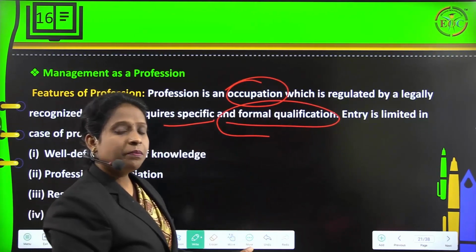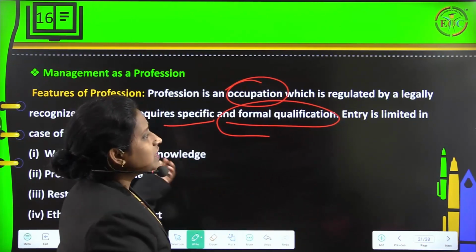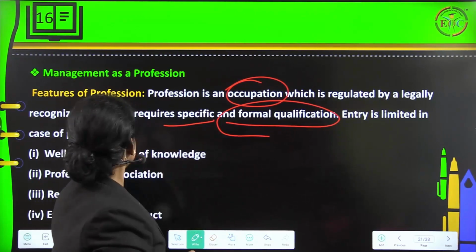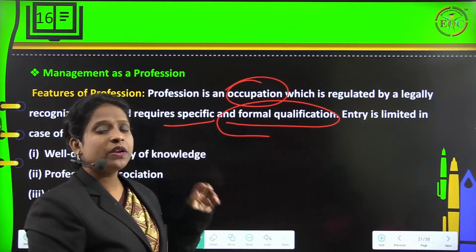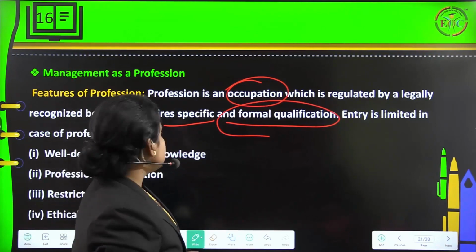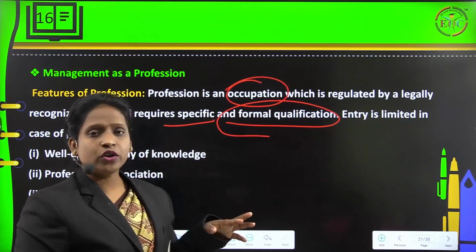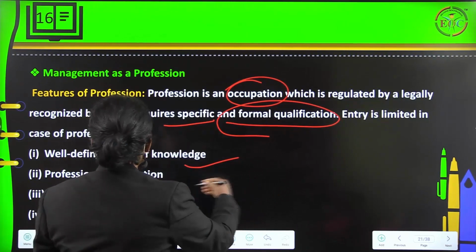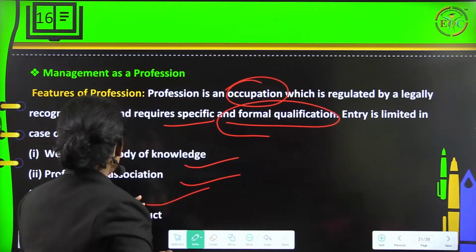We ask a person's occupation, or what we call profession, and it is regulated by a legally recognized body and requires specific and formal qualification. Only those will be considered a profession. Entry is limited in case of a profession. A well-defined body of knowledge is required firstly, and a professional association is required. Then restricted entry should be there. Then an ethical code of conduct is also important.